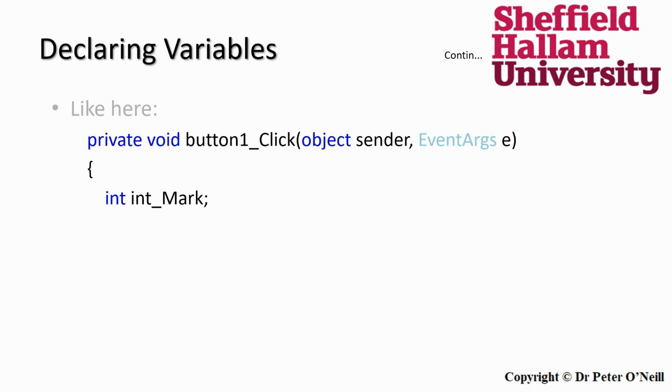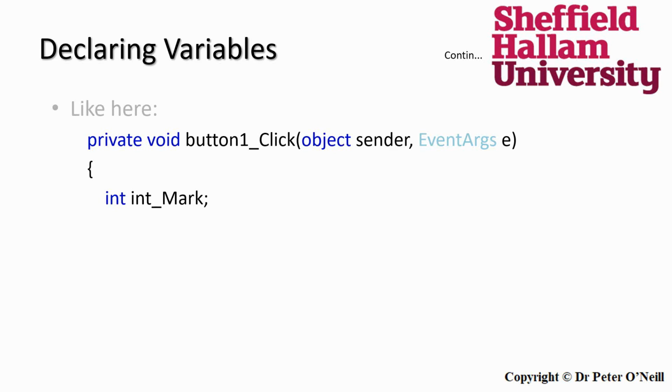So, int mark, semicolon. Notice I've changed int mark to int_mark. The reason for this, as I explained in another lecture, is that I use btn underscore for buttons and int for integers and dbl for doubles and so on.